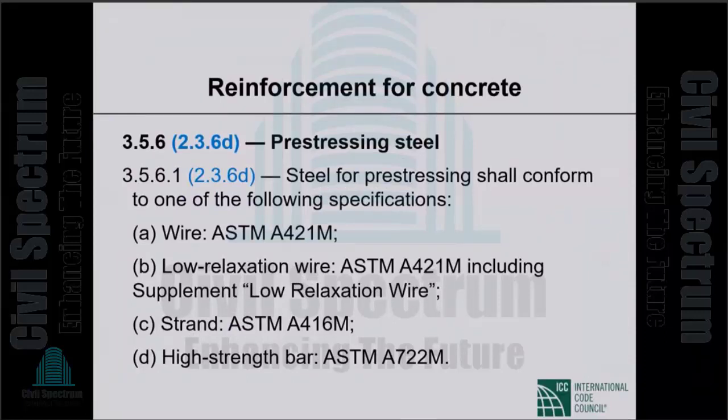Okay, we go to pre-stressing steel. It can be wire, A421, low relaxation wire, 421 with a supplement, strand, that means a number of wires wound together, A416, or it can be high strength bar, A722.